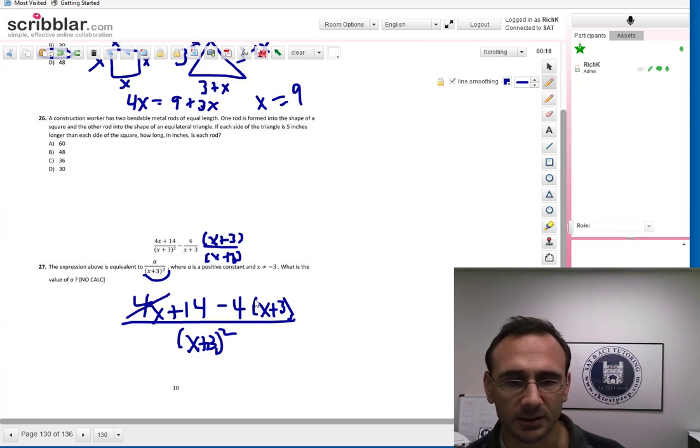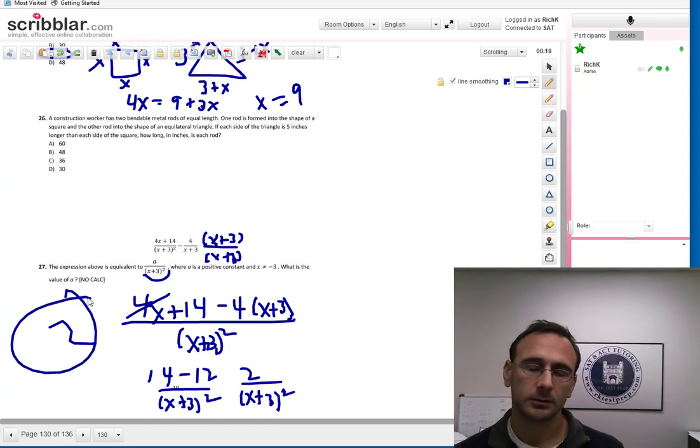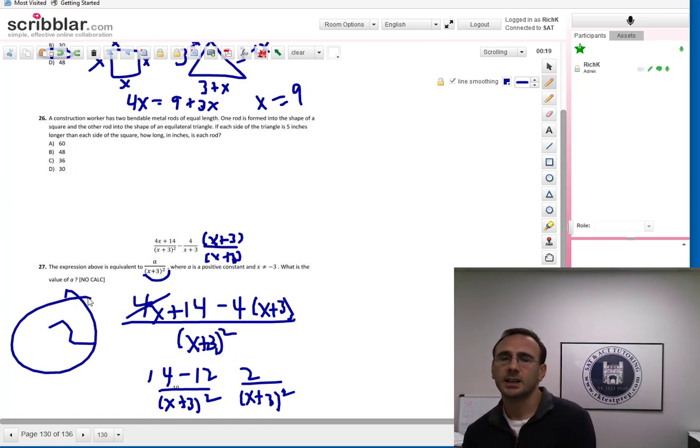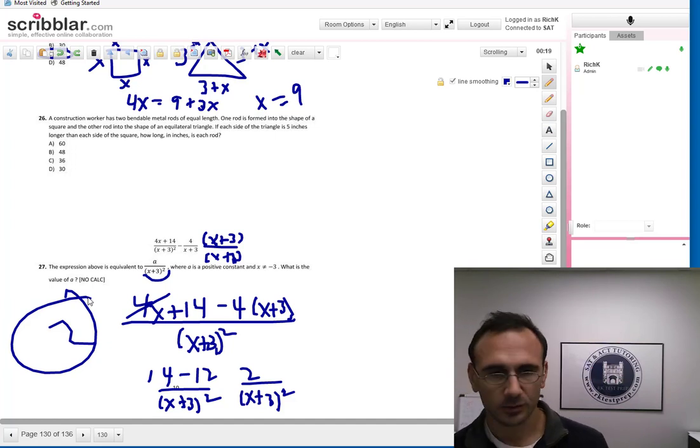The x's will cancel out, 4x minus 4x, and we're left with 14 minus 12 over the bottom, which is 2 over the bottom. So the answer is 2. So that's one of those make it look like the answer. We take what we have there and we turn it into one of the answers.